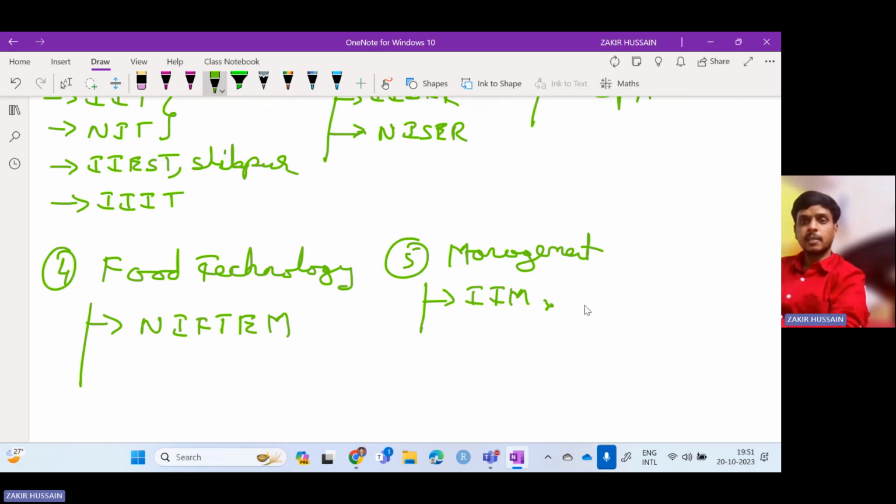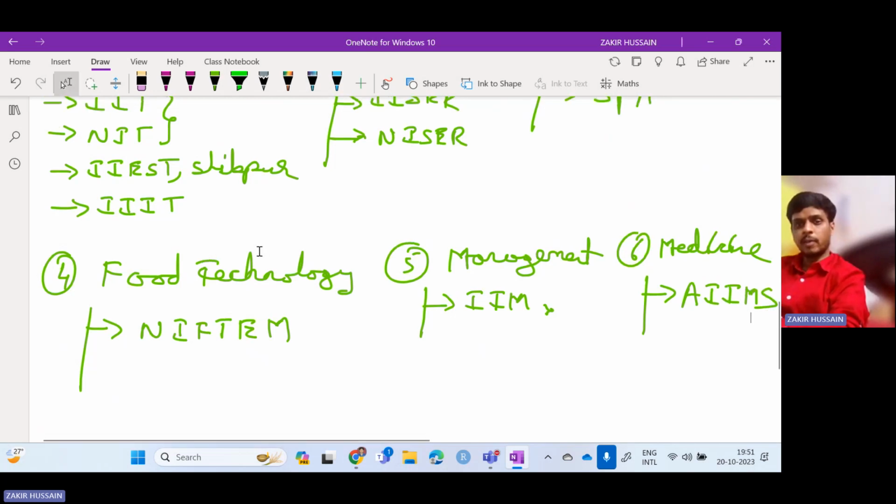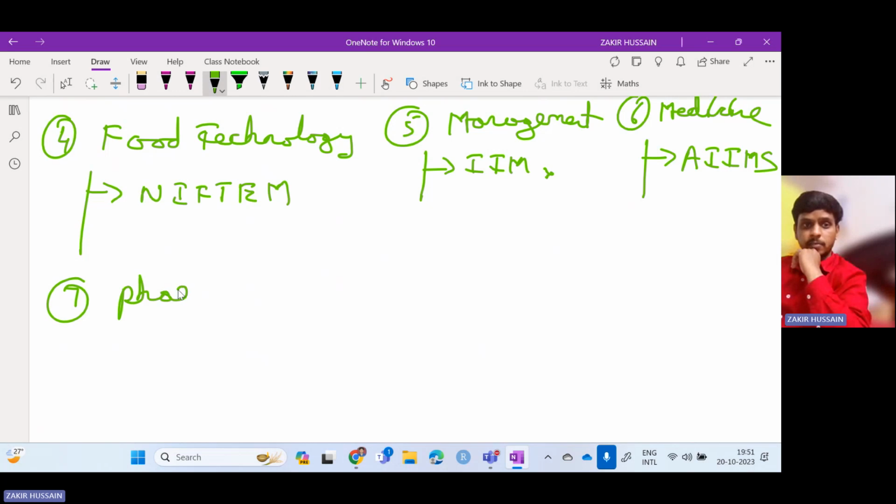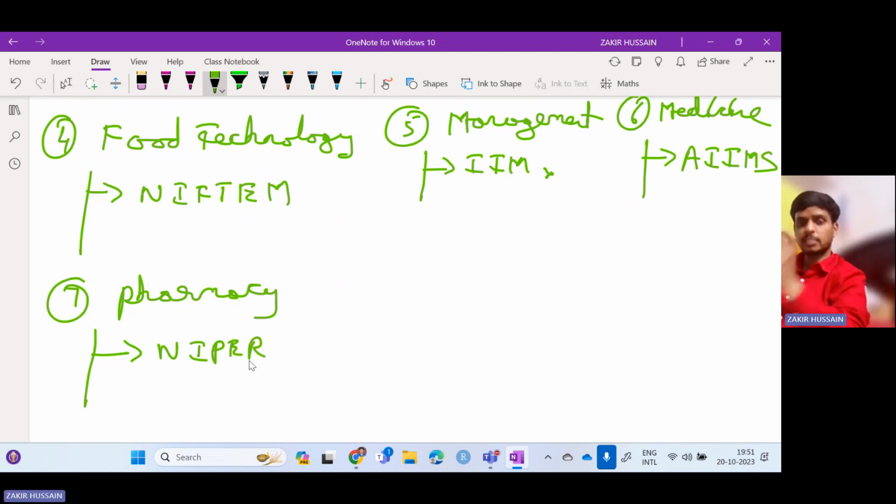IIMs. Then the sixth category is medicine, where the most popular institutes are AIIMS, All India Institute of Medical Sciences. The seventh category is pharmacy, where the most popular institutes are NIPERs, National Institutes of Pharmaceutical Education and Research, located in various parts of the country.